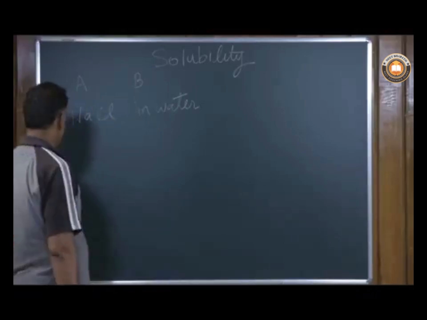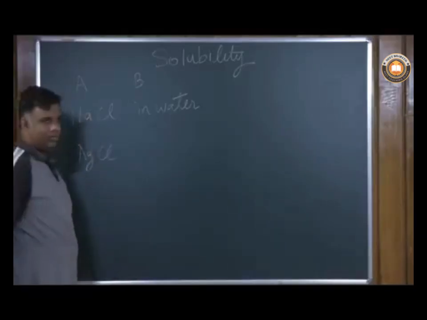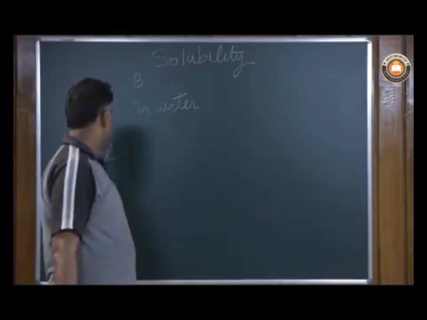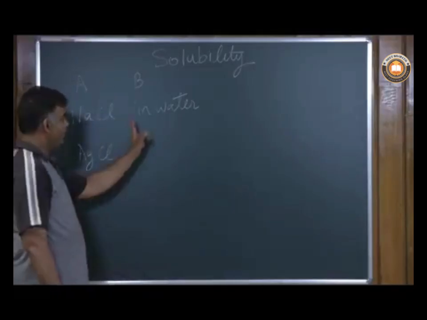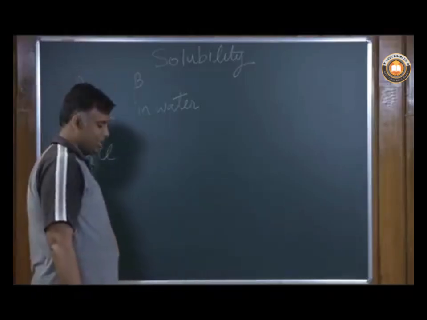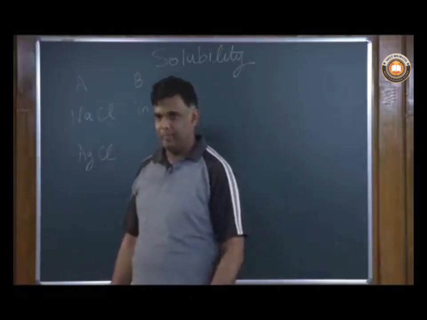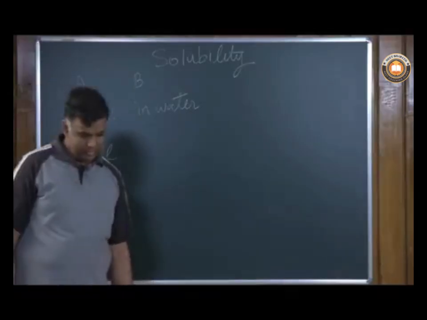On the other hand, with silver chloride, only a few milligrams, around 1.9 milligram of AgCl, can be dissolved in 1 liter of water. If I add anything more than 1.9 milligram of AgCl in 1 liter of water, it will simply precipitate out. It will simply settle at the bottom of the flask.